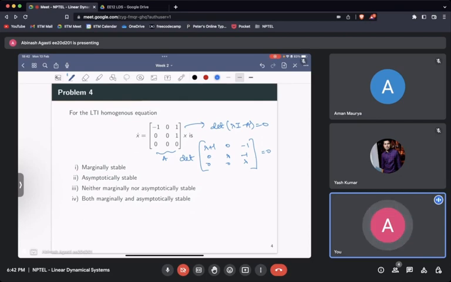Once you have solved, kindly put the solution on the chat box, whatever eigenvalues you found out, then we'll proceed.